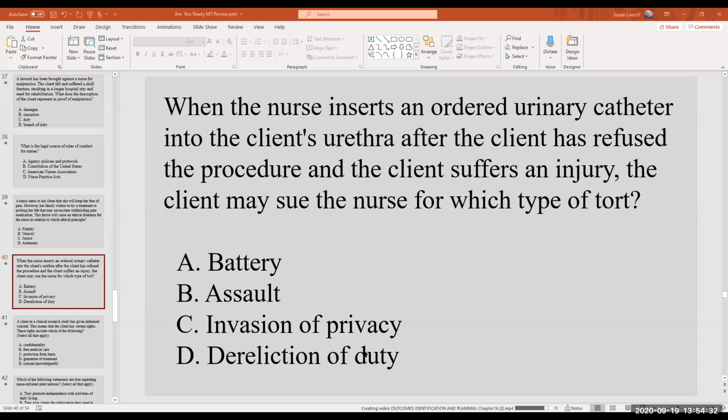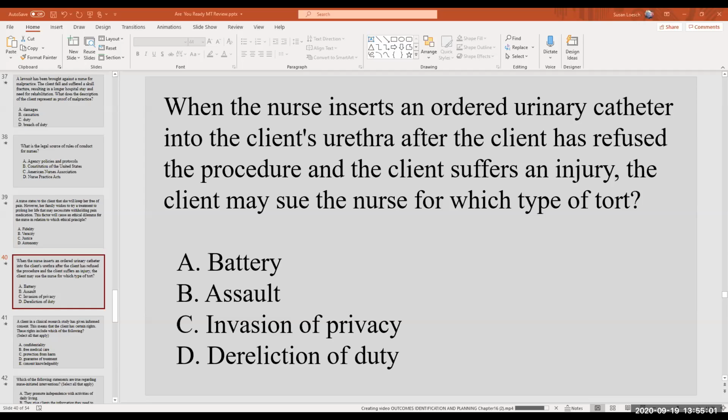All right, so battery. How do I remember this? Battery is when I'm about to whip somebody's butt and I actually do it, when I actually hit somebody.